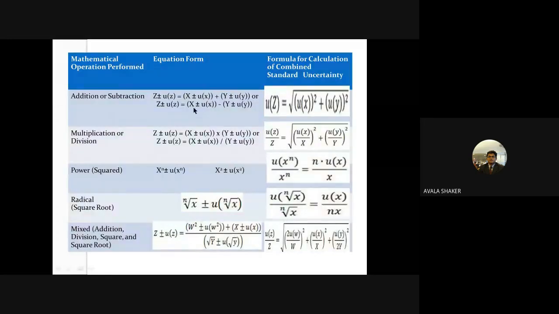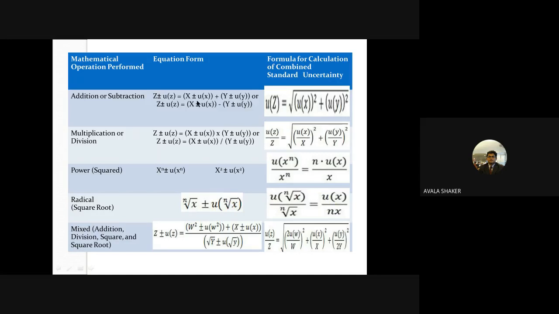Now suppose your function z is a sum of 2 other functions, let's say x and y. Then the combined uncertainty in x and y, or even if the function is x minus y, it doesn't matter, the uncertainties are always going to get added up, they will never get subtracted.